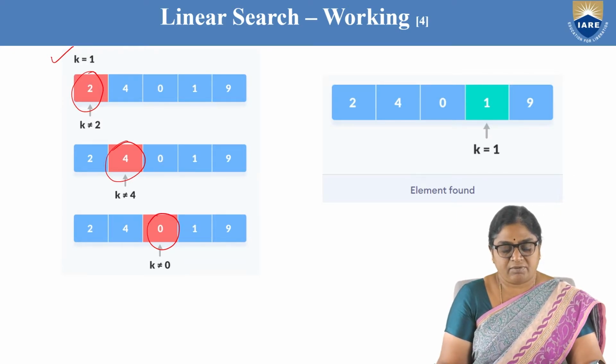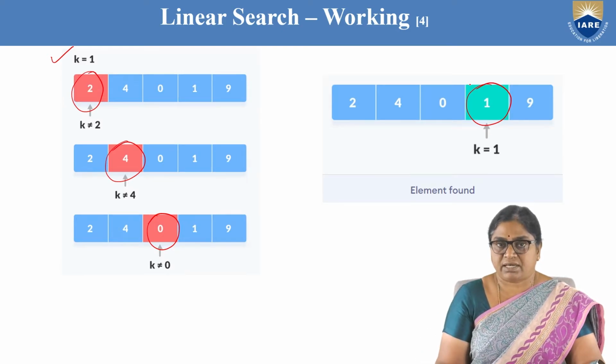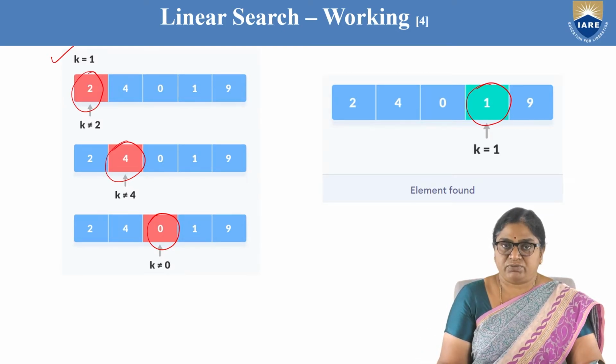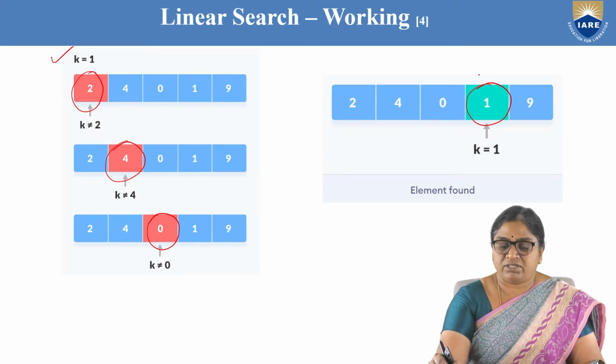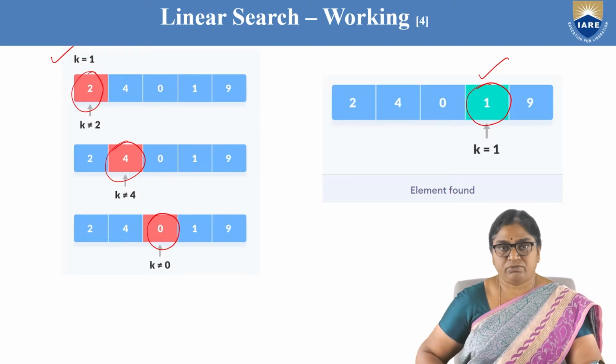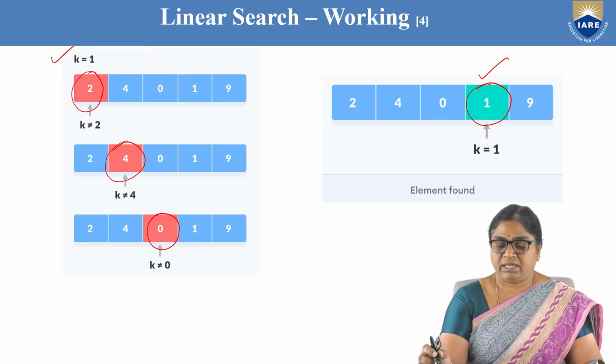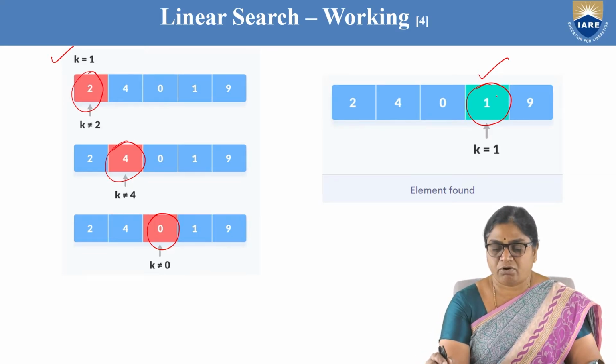Here also the key element is not equivalent to the current element. Then we will go with the next iteration. Here the next element is 1. That is the current element is 1, and the key element which we are searching, that is also 1. So here the key element is equivalent to the current element. So here we got the element which we are trying to search. In this case, we will display the position of the key element which we found in this operation.